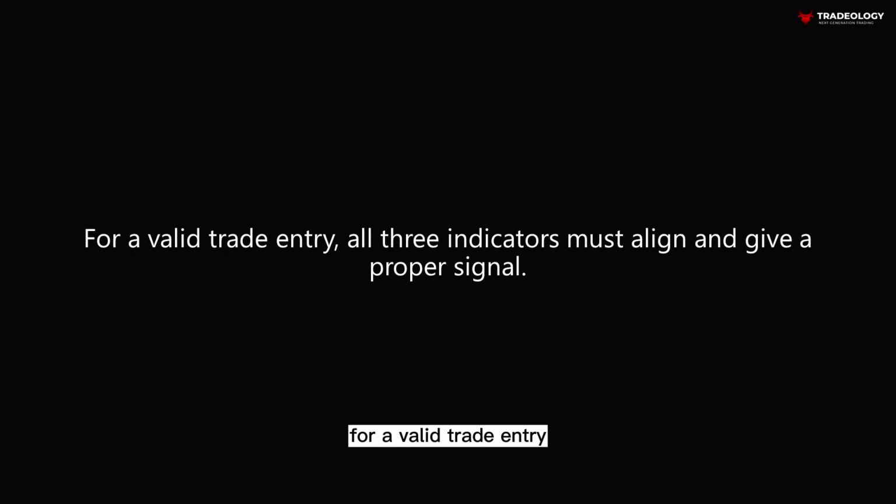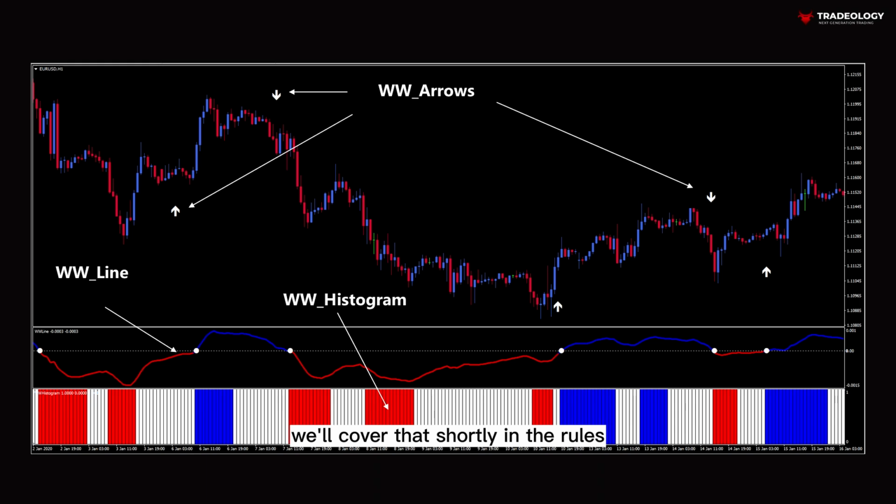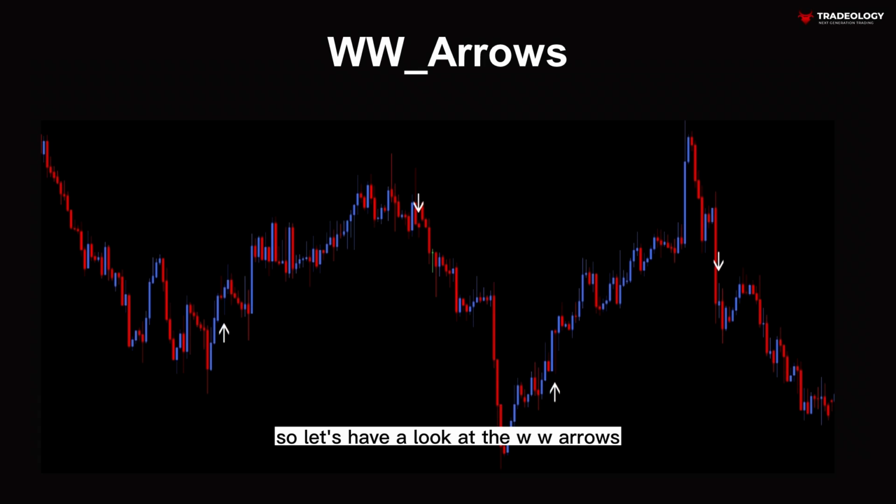For a valid trade entry, all three indicators must align and give a proper signal. We'll cover that shortly in the rules. Here's what your chart will look like after installing the indicators and the White Walker trading system template. Indicators and template come with the auto installer, making it easy and painless to install, as you would have seen a short while ago.